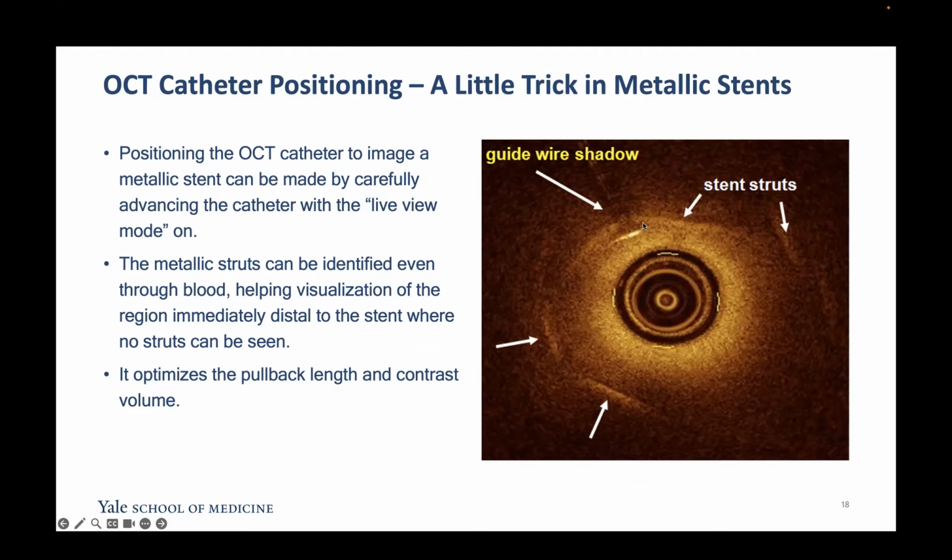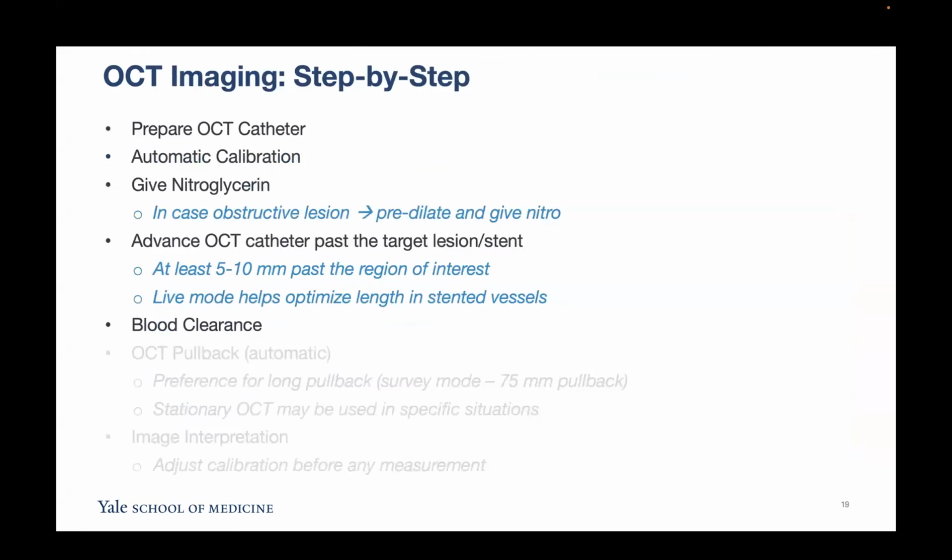So you don't need any flush. Looking at this image, you very gently push the catheter distal until you don't see those reflective structures anymore, and then you know that you're past the stent. So you don't need to be too distal and spend more contrast. Just a little trick to optimize length and contrast volume.